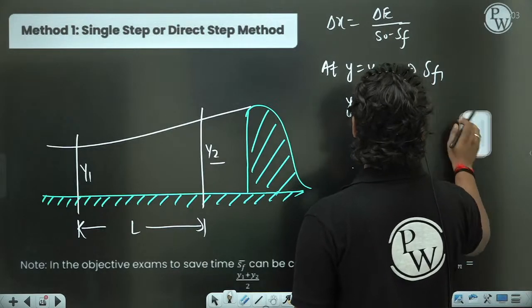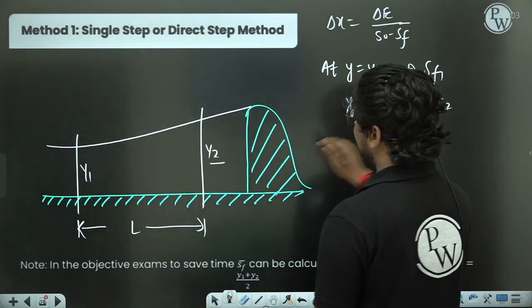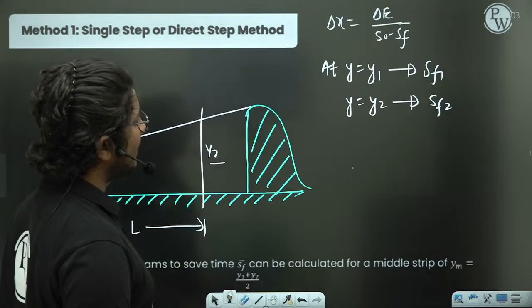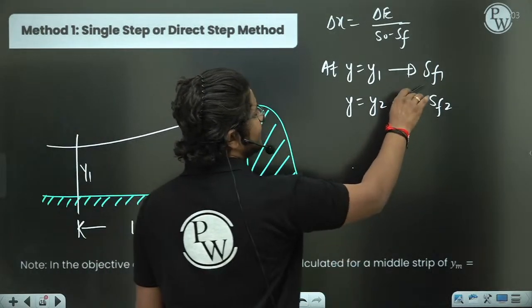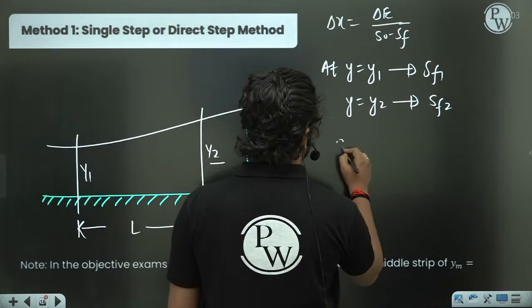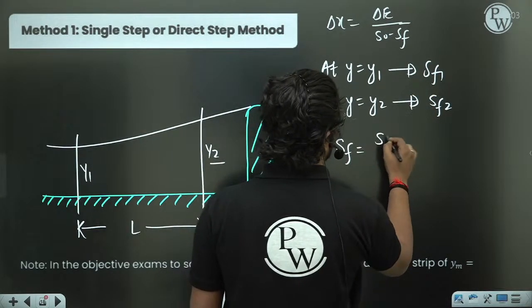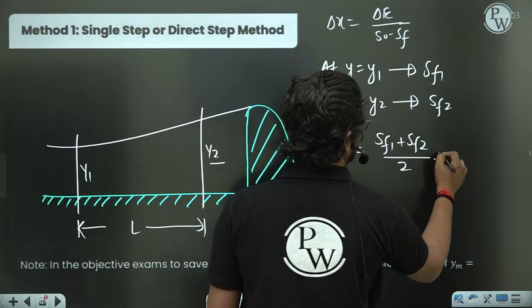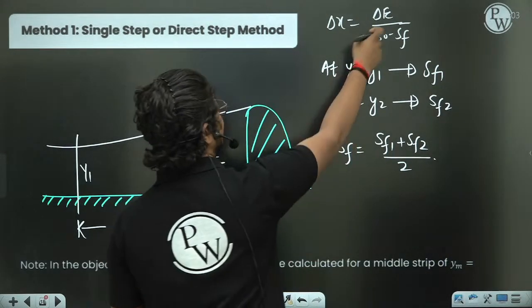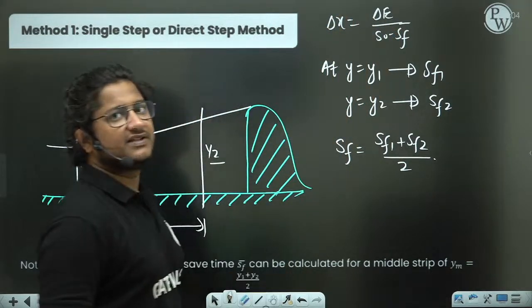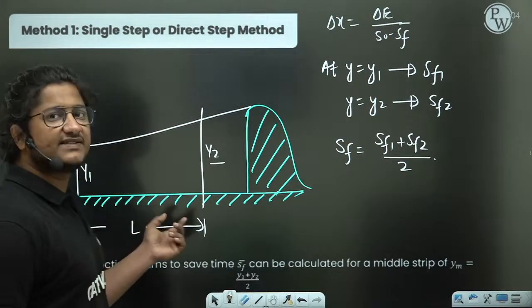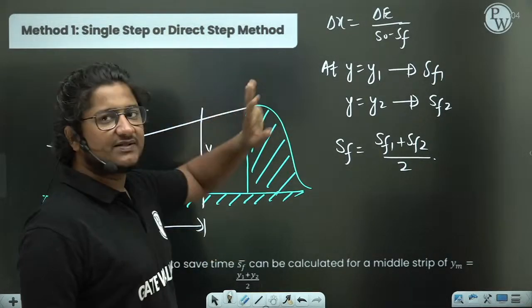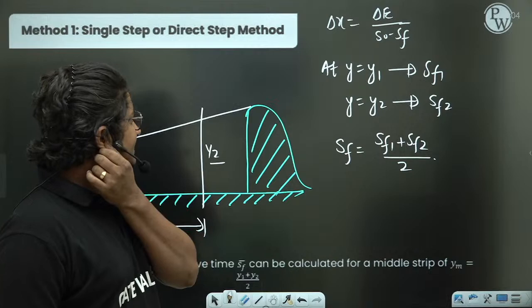That means the energy slope is different at different depths. Definitely it will be different. It's a non-uniform flow, so what we are doing here is taking the average of this. So it will be (SF1 plus SF2) divided by 2. That is the SF we are using in this formula, and then we are calculating this delta x. So basically we are calculating this L part. This is the method that we call the single step or direct step method. Why are we calling it a direct step method, Vishad?